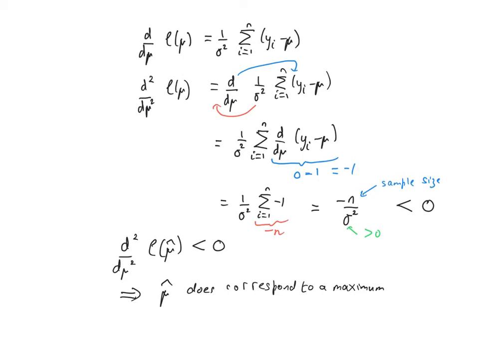And therefore we have found and demonstrated the maximum likelihood estimator of the location parameter mu of the normal distribution.